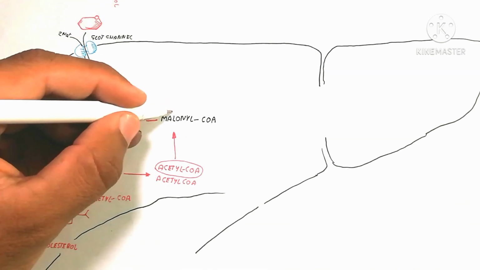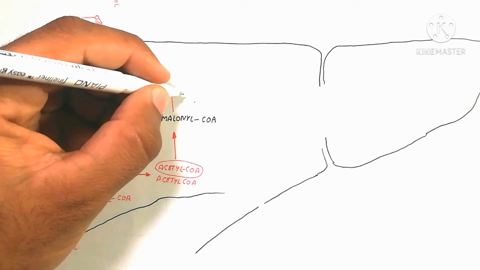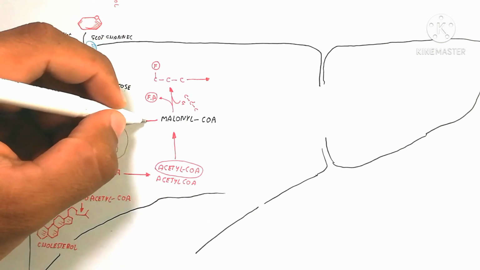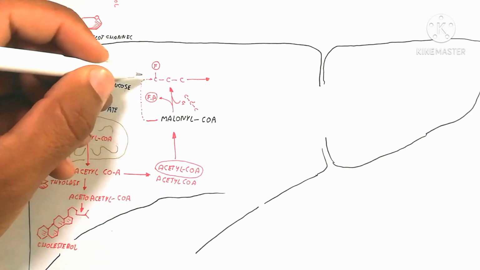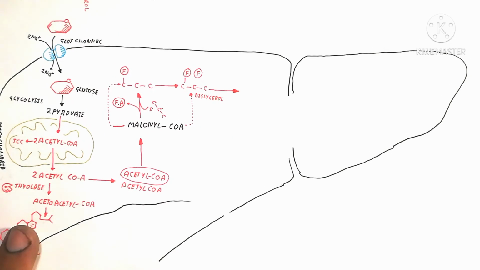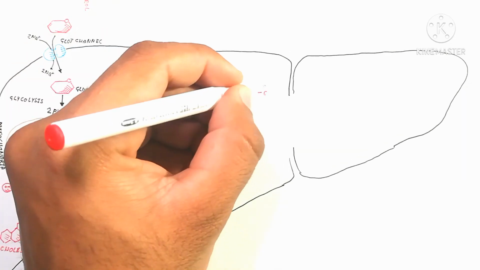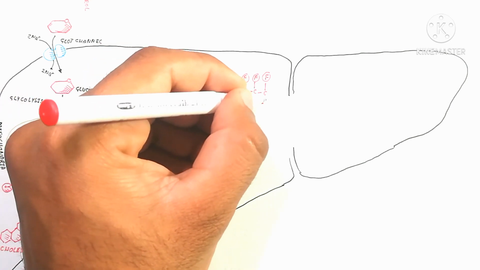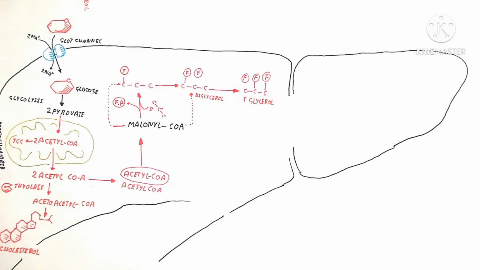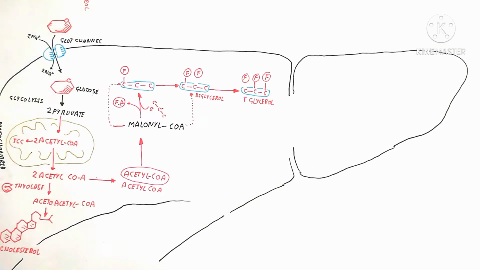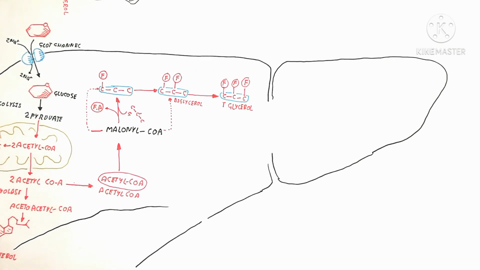In the presence of the enzyme hydroxymethylglutaryl CoA reductase, HMG-CoA reductase, malonyl is produced, and this malonyl is converted into monoglycerides, diglycerides and triglycerides by converting malonyl-CoA into a fatty acid, and that fatty acid is attached to form a triglycerol.